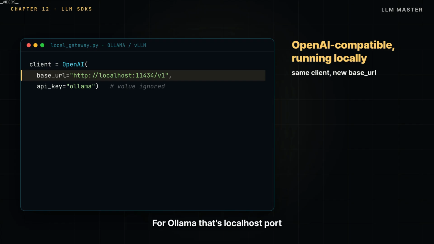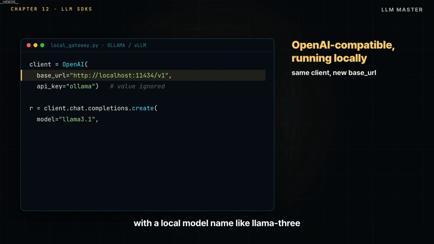For Ollama, that's localhost port 11434/v1. For vLLM, it's typically port 8000/v1. The API key field is still required by the client, but the local server ignores its value, so you pass any placeholder. Then you call chat completions create exactly as before with a local model name like Llama 3.